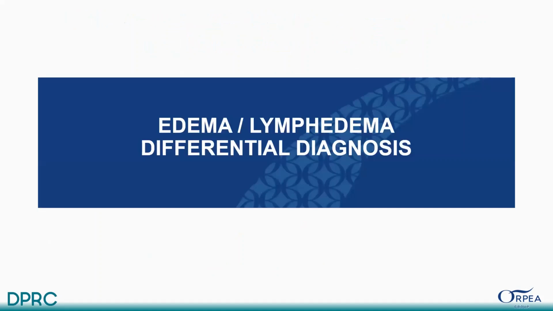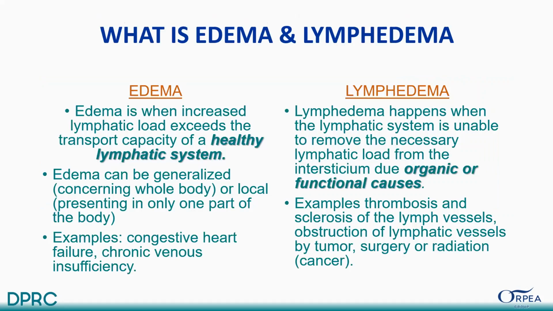Edema, lymphedema, and differential diagnosis of the edemas. What is edema? What is lymphedema? Edema is when increased lymphatic load exceeds the transport capacity of a healthy lymphatic system. Edema can be generalized, concerning the whole body, or local, presenting in only one part of the body.